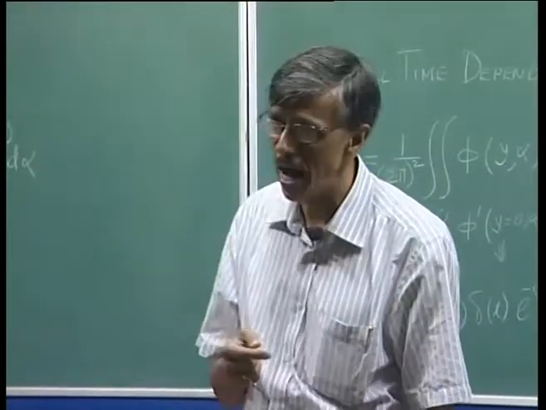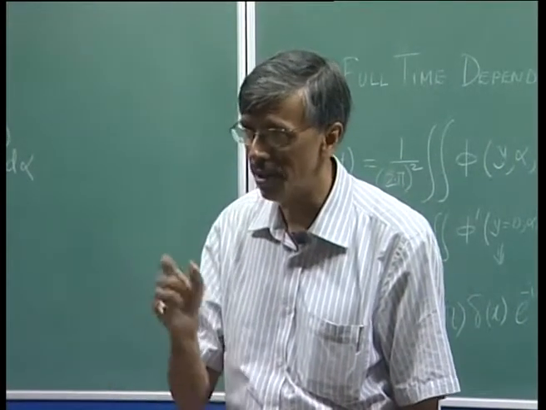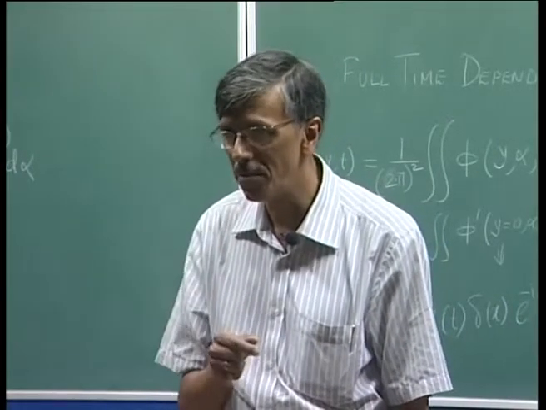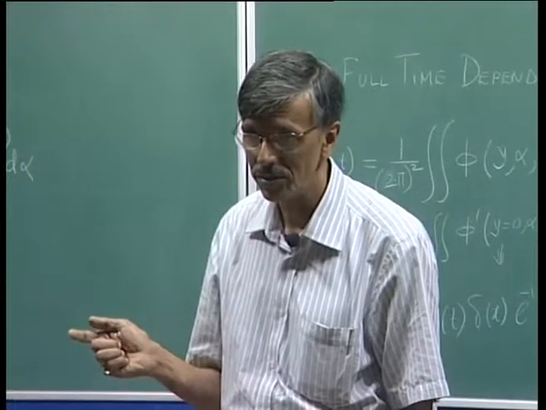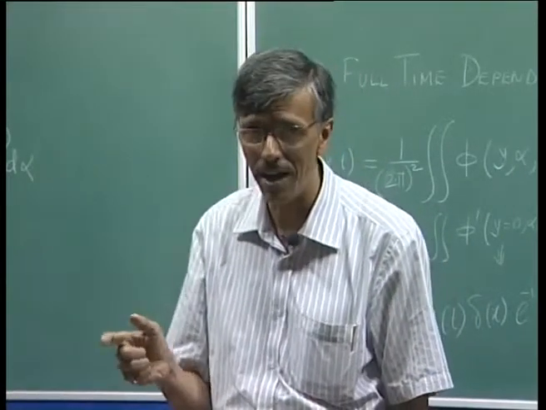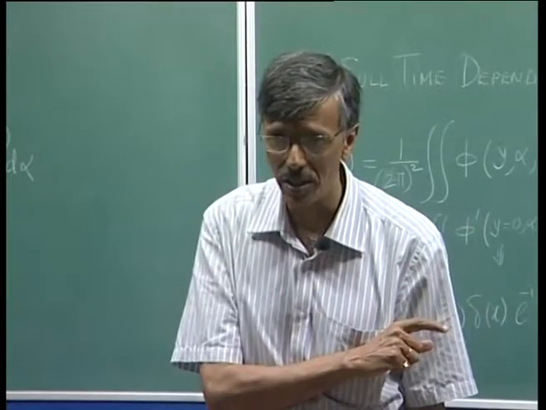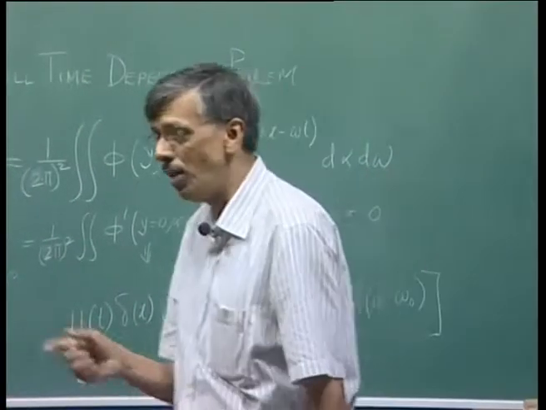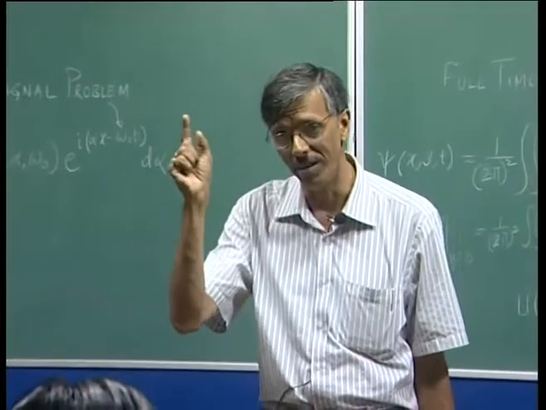So it may so happen that although we are looking at omega naught, we can also trigger a temporal dependence which is different from the harmonic input. In the excitation, we should have frequency dependence other than omega naught, and that part is given by this.